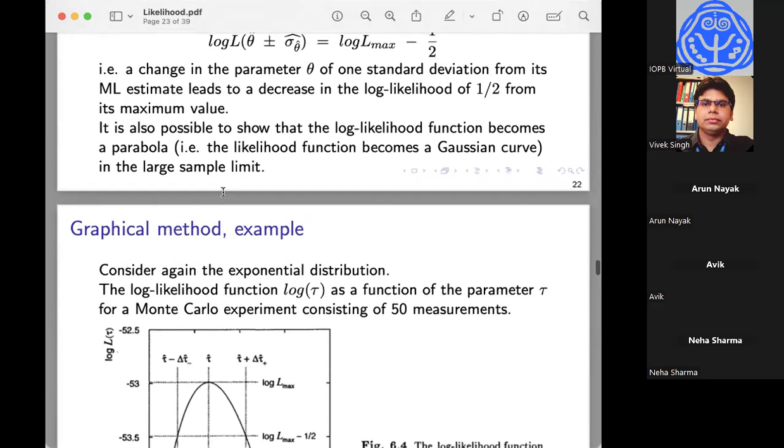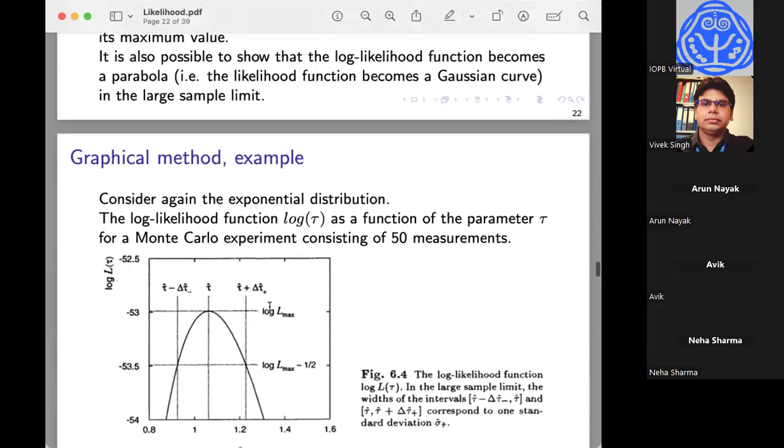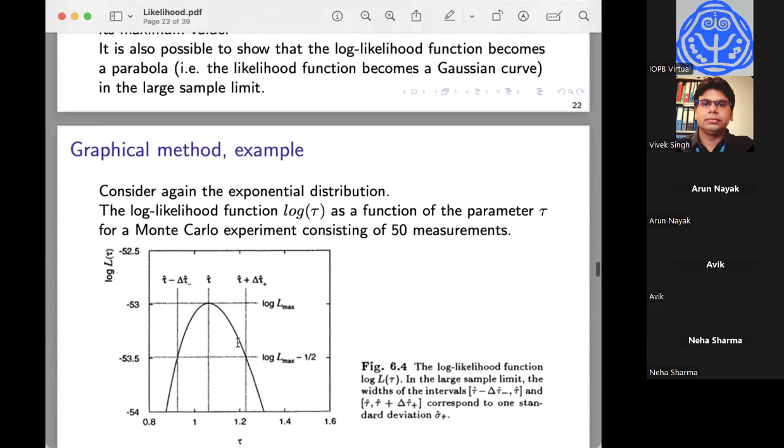This parabolic picture comes because the likelihood function usually in the large sample limit becomes Gaussian type. That's why you expect to have a parabolic picture.